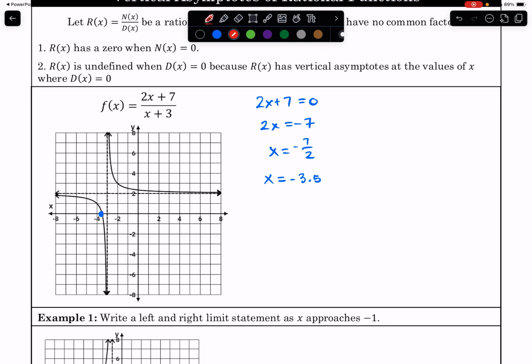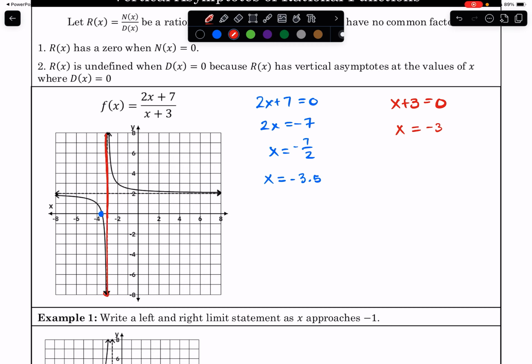Now if we look at the denominator, x plus 3, and see what makes that equal to 0, we see that the denominator equals 0 at negative 3. And if you notice, that is exactly where this red line is.